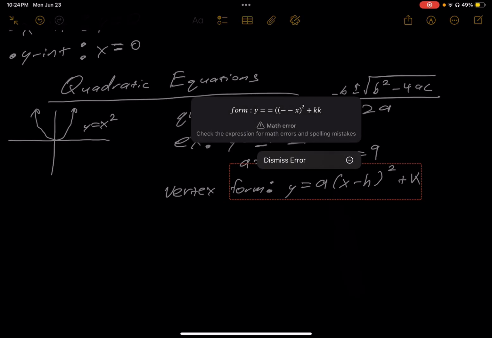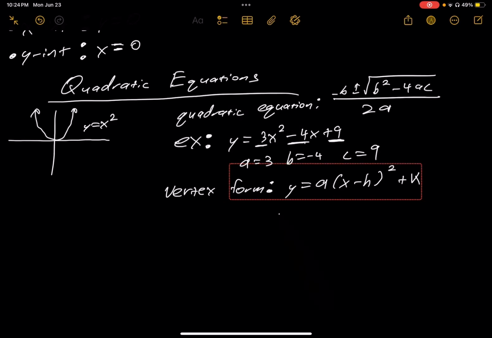But for clarity, the purpose behind this form of quadratics is to find your vertex. And your vertex can be found with the point h, comma k. So whatever your h value is and whatever your k value is, that's going to be the vertex of your parabola.